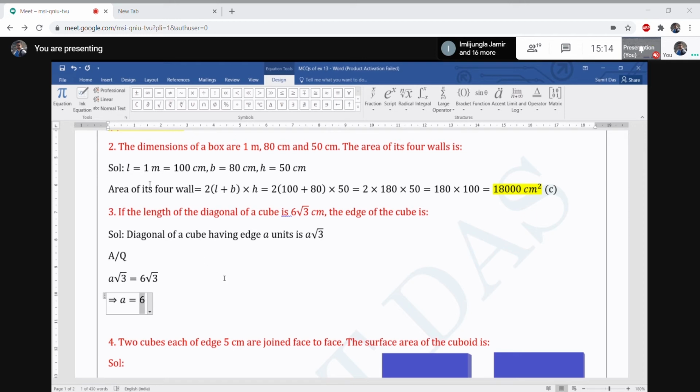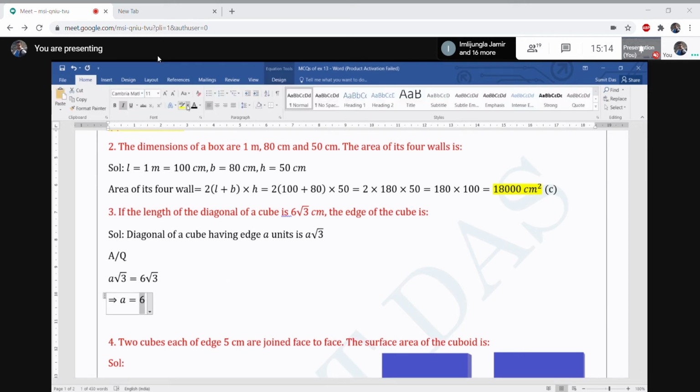So which option? Oh, this option is not correct.